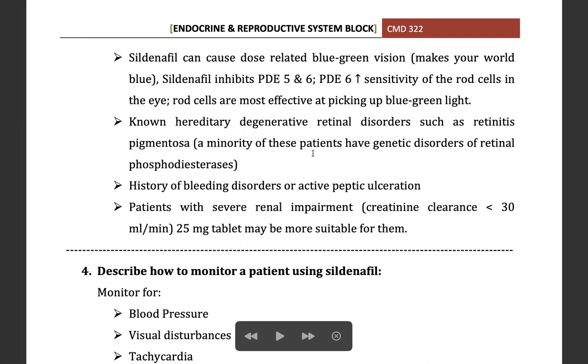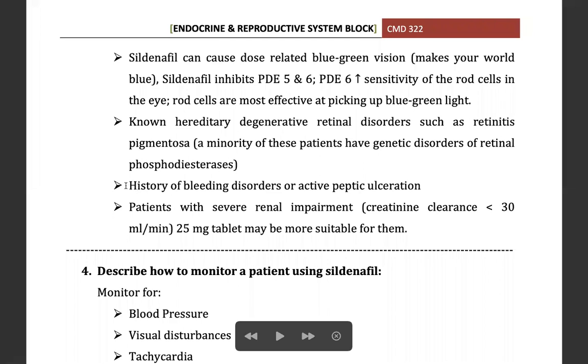A minority of these patients have a genetic disorder of retinal phosphodiesterase. They are already deficient in phosphodiesterase, and if you take this drug with a known hereditary history of retinitis pigmentosa, it will increase the problem, including blurred vision.